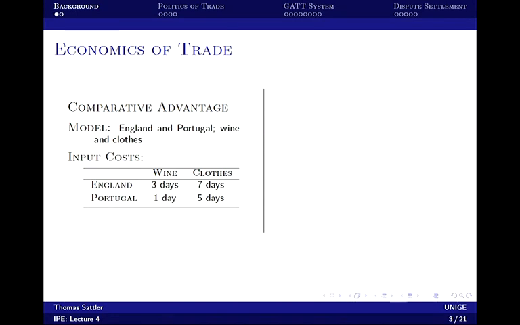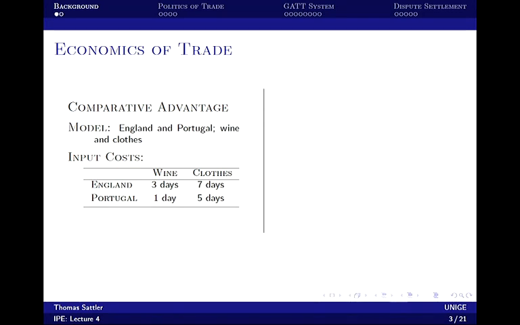But Portugal has a comparative advantage in producing wine. Relative to clothes, wine can be produced cheaply. So that's the important point. Even if a country has an absolute advantage in producing both, or an absolute disadvantage in producing both, it still has a comparative advantage in producing at least one of those goods.